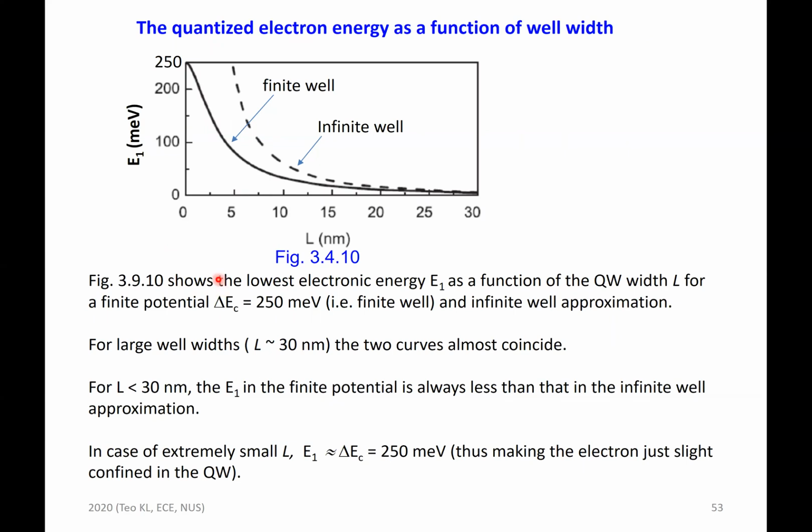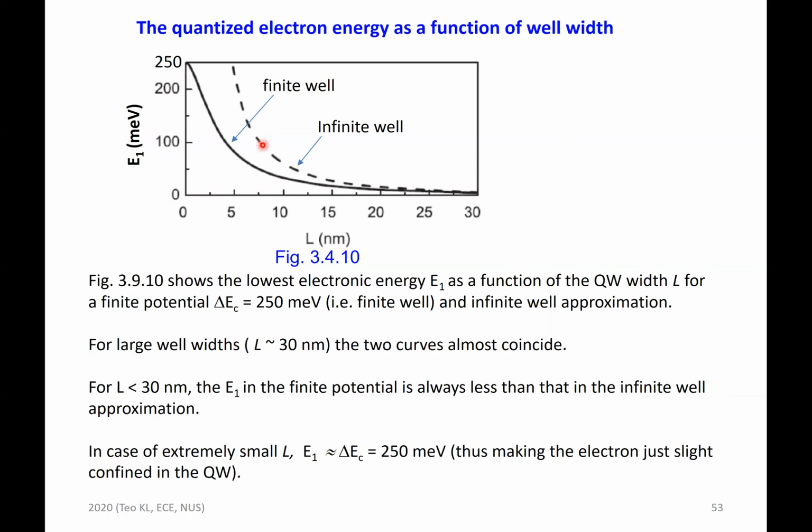Now, this is a plot of E1, the lowest electronic quantized energy in a quantum well, as a function of well width. There are two curves here.